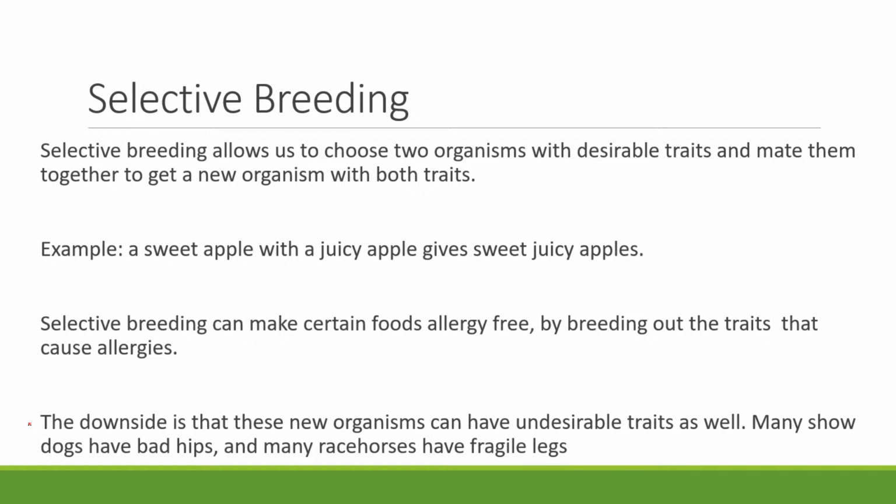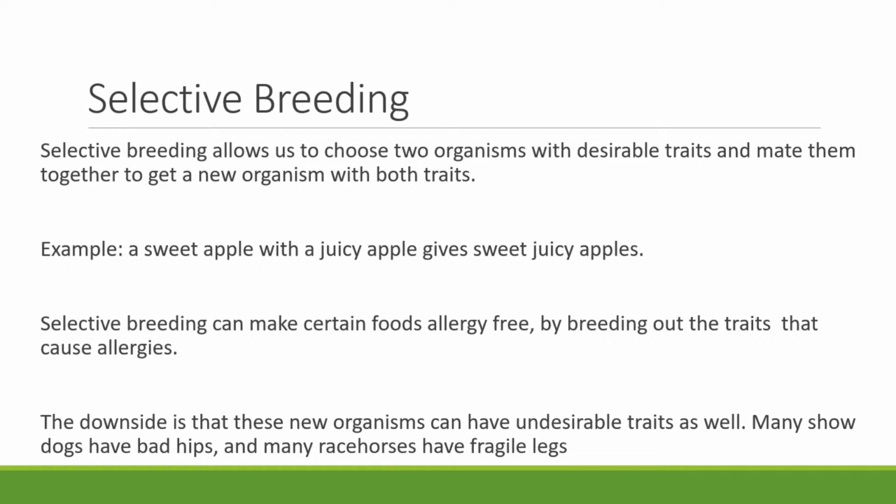The first one we're going to talk a little bit about is selective breeding. Selective breeding is when we as humans, as the human race, take certain organisms and breed them together to get the desirable traits from both organisms into one subsequent organism.